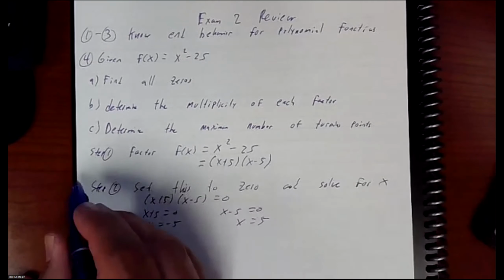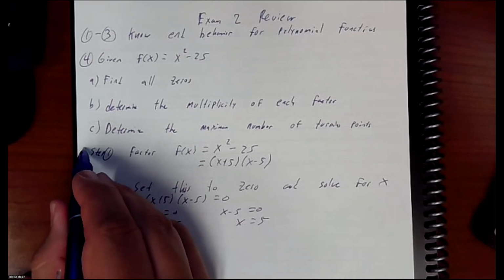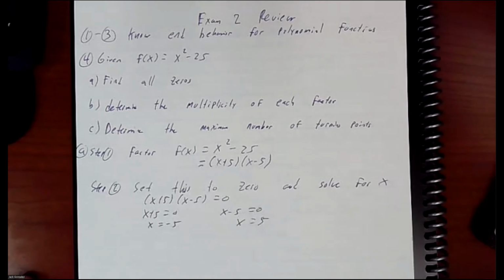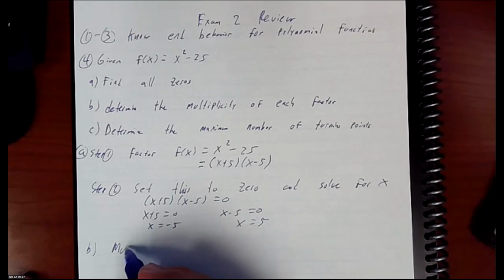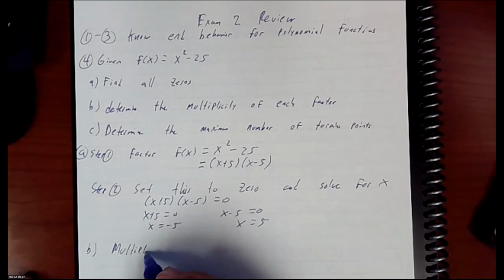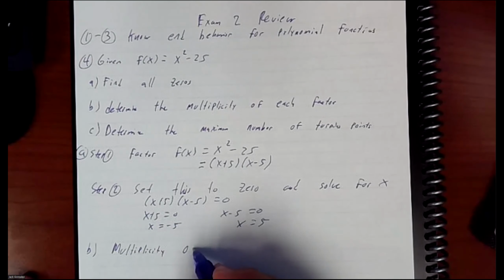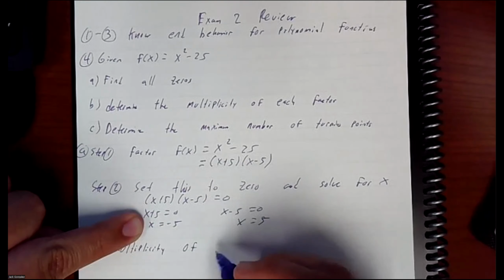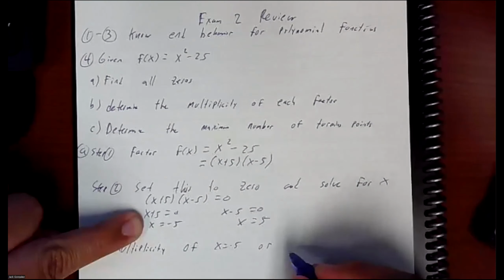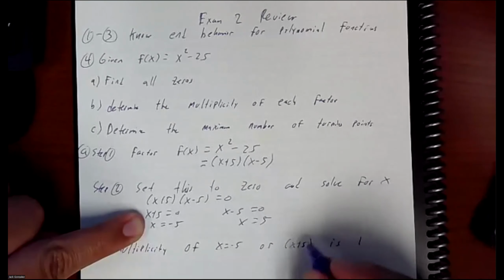So this right here is part A. Part B, multiplicity of this guy right here, x equal to -5, or x plus 5, is 1 because of the power.